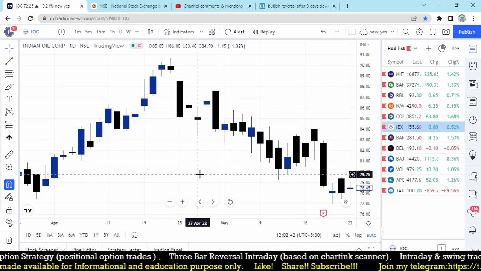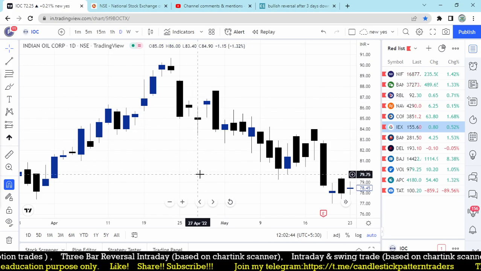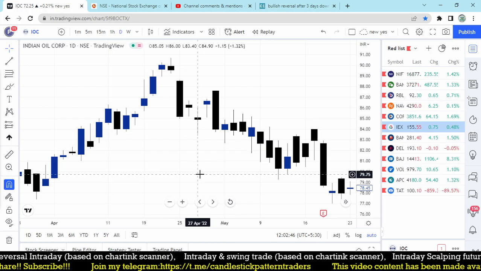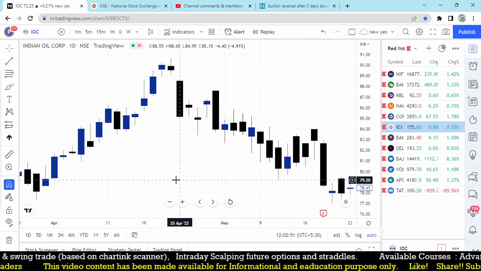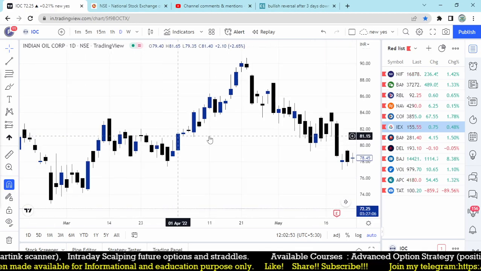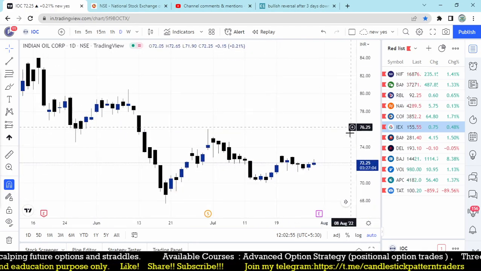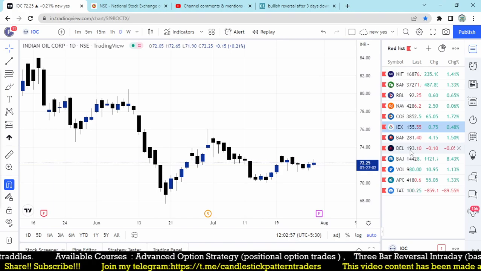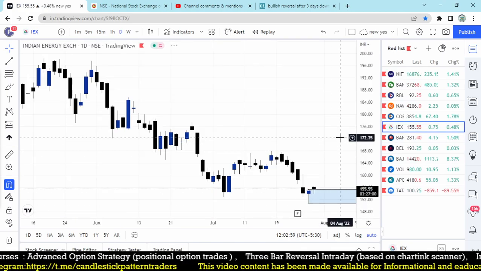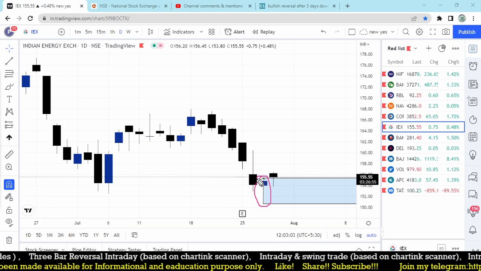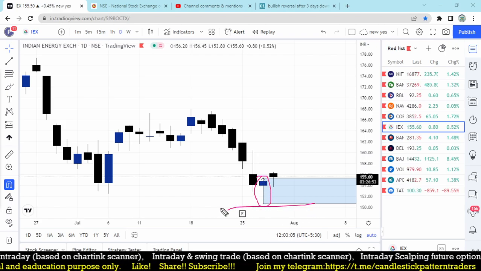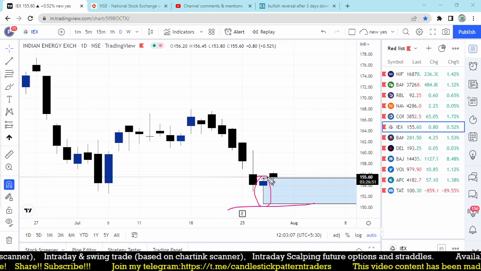But if the hammer bottom is the lowest low, it would work better than the previous trade, so you can focus on that. Those were the conditions we use to find stocks that form in such a way. If you check IEX, the low of the hammer candle would be the lowest low, so there is more possibility of reversal from this point.